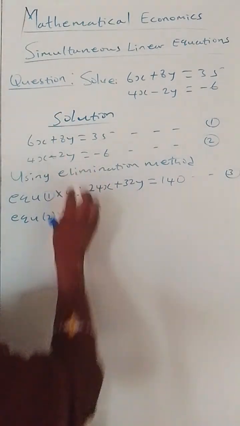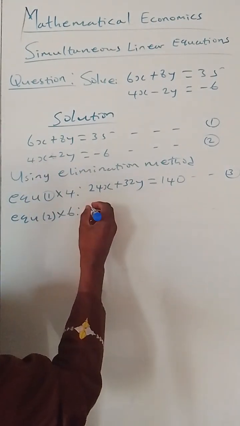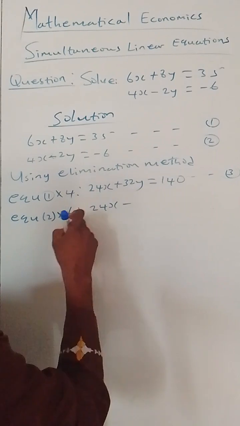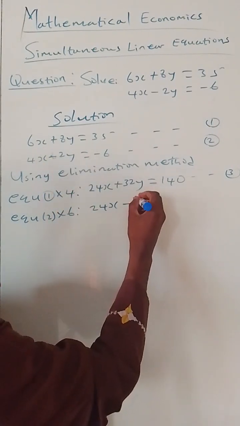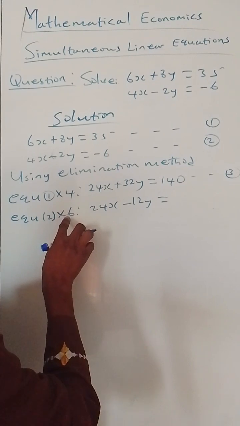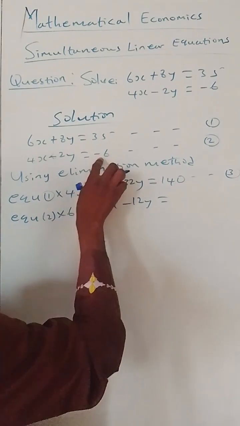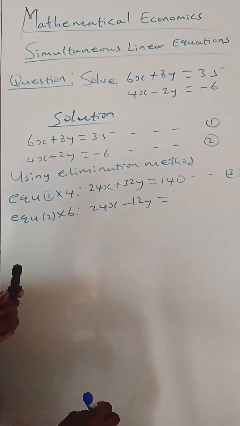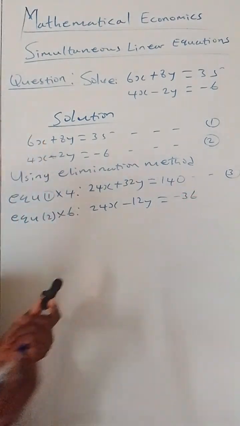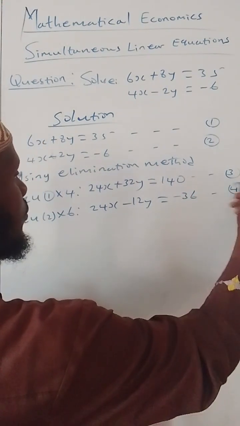Do the same thing for equation 2. 6 times 4x is 24x. Then minus 6 times 2y, I'm going to have 12y. Then equals 6 times minus 6, which is minus 36. Let me call this equation 4.